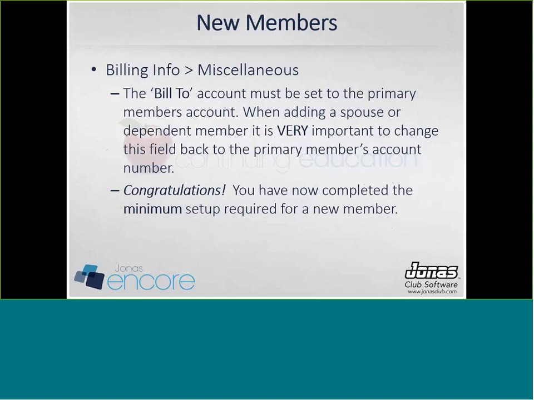We want dependents to bill to the primary member. So it is extremely important that on that billing info tab, you go change the bill to the primary member. And then, congratulations, you have now completed the minimum setup required for a new member.